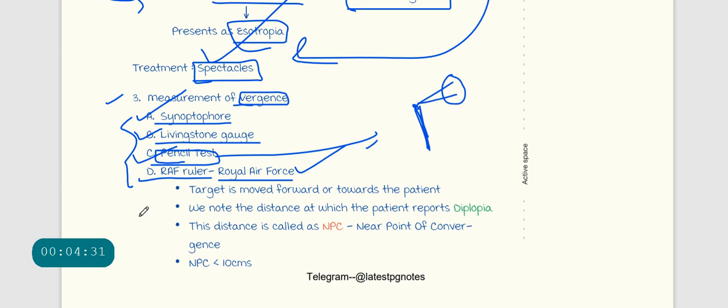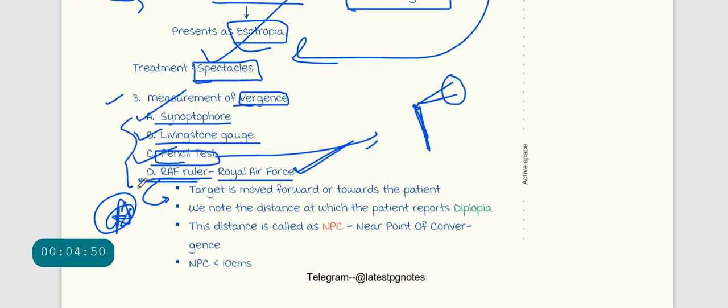Now the RAF test, the Royal Air Force test or the Royal Air Force rule. This test is the most important one, so we are going to study it in great detail. What is this RAF test?